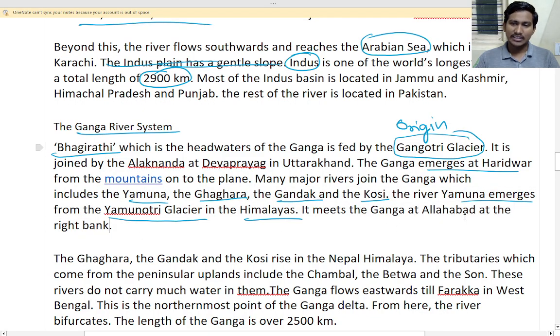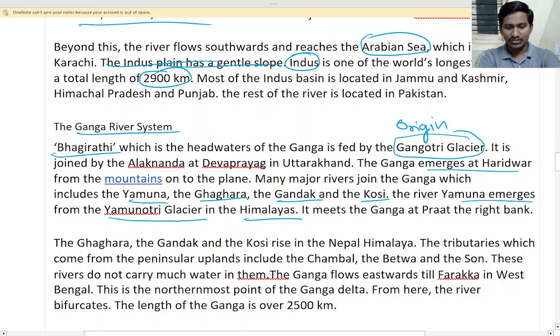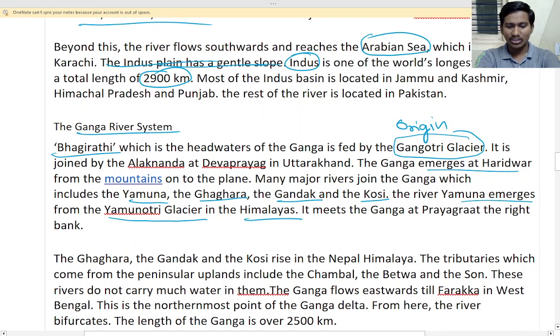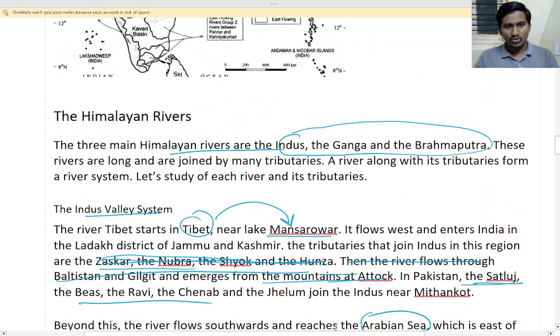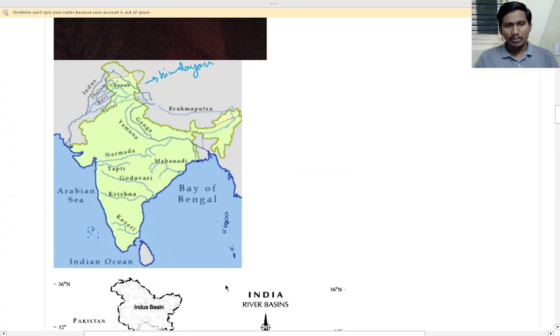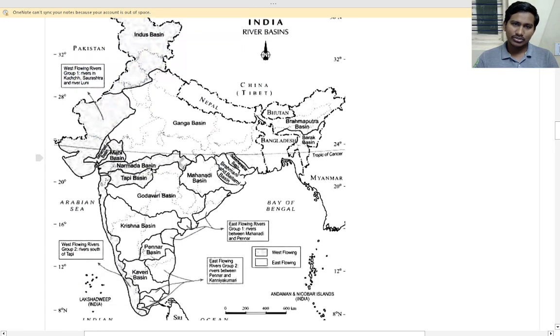That Allahabad name has been changed into what? Yes, it is Prayagraj. Now it is changed to Prayagraj. So this is in UP. It is joining here, right? In UP, the Yamuna and Ganga. So that is Prayagraj.